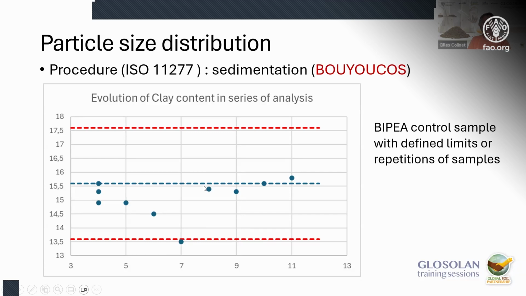Then in the series after, and the fourth series after, you see that we were very close to the target value, without really changing anything in our procedure. So it means that you sometimes have this kind of effect of variability.